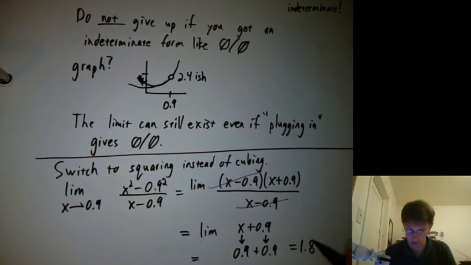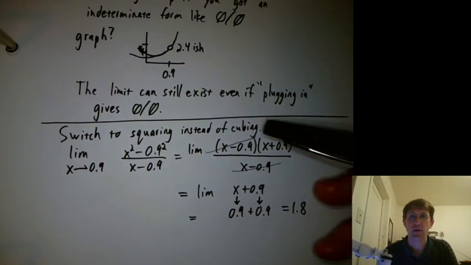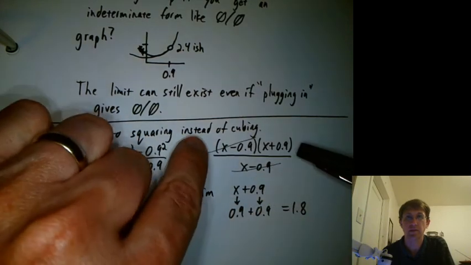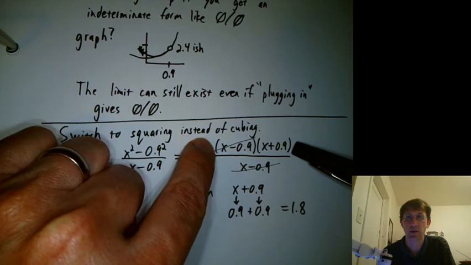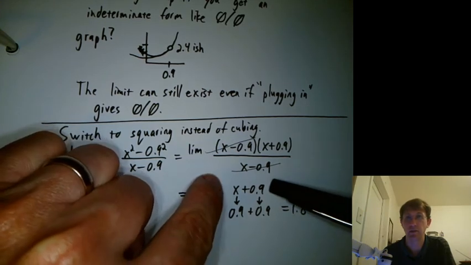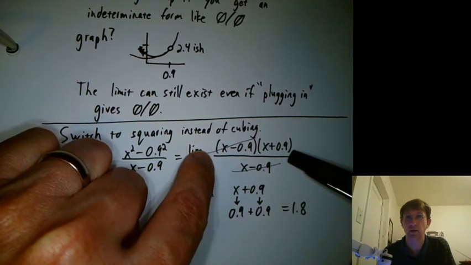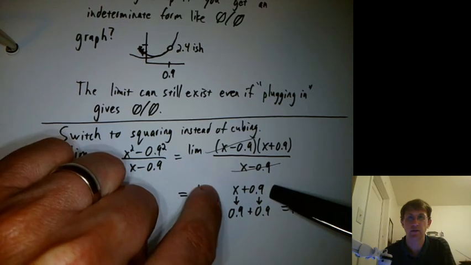So we get 1.8, and that's entirely appropriate, but it turns out, this function is the same as this function before we cancel stuff, but this function before we cancel stuff is not the same as this function, because this function is defined everywhere. This function is undefined where we get that divided by 0. So these two aren't exactly the same function.